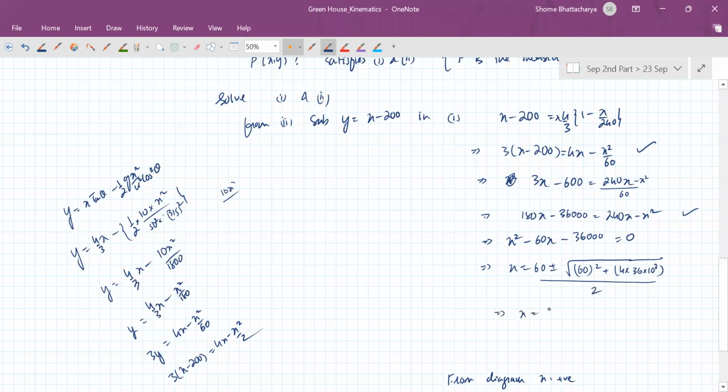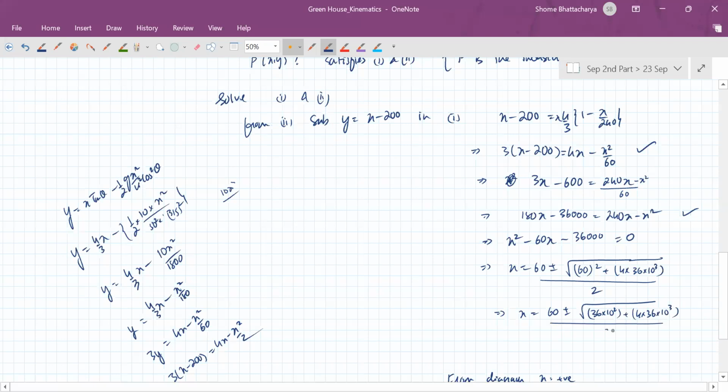That is 36 into 10 raised to power 2 plus 4 into 36 into 10 raised to power 3, divided by 2. So I can take 60 common, so this will become 1 plus 40.